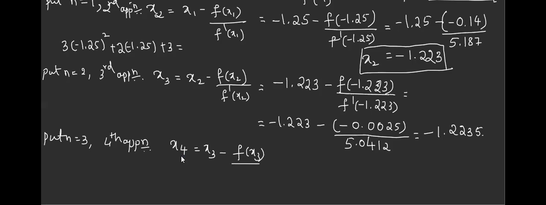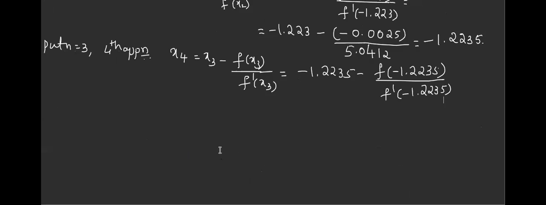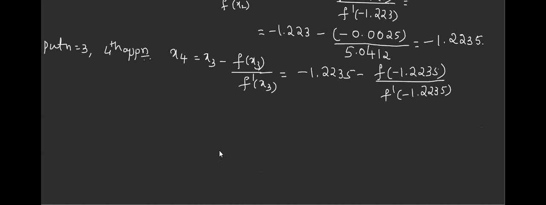You know the substitution: minus 1.2235 minus f of minus 1.2235 divided by f dash of minus 1.2235. See, again this value will be nearer to 0. I don't know if positive or negative, but nearer to 0. That much I can tell. Maybe 3 zeros you may get.